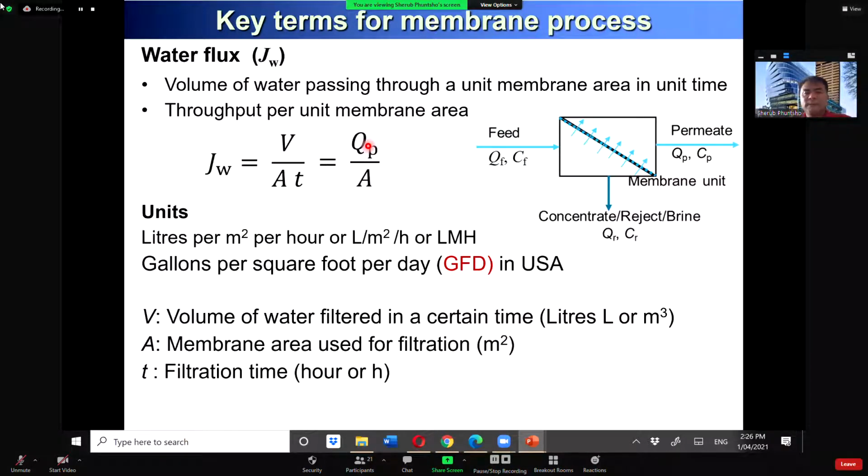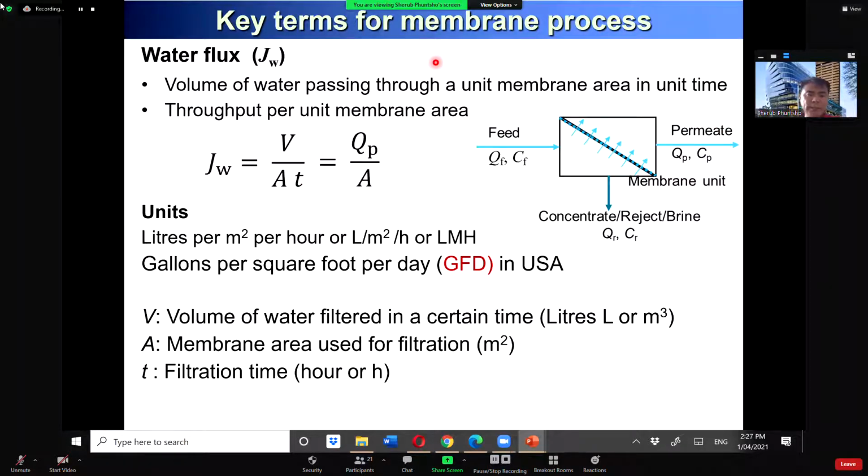So QP is nothing but V by T, volume divided by time, which is flow rate, meter cube per second, meter cube per day. So V by T you can replace by QP because it's for the permeate. So water flux becomes V by AT, equal to QP, the permeate flow rate, divided by the area of the membrane that you have.